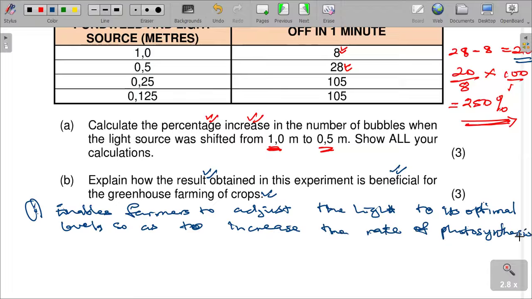So light can be adjusted to its optimal level so as to increase the rate of photosynthesis.